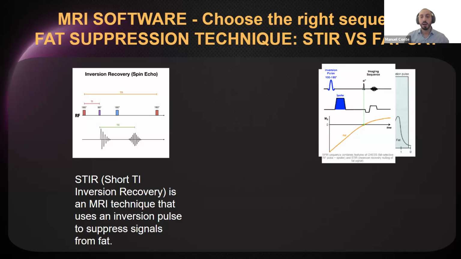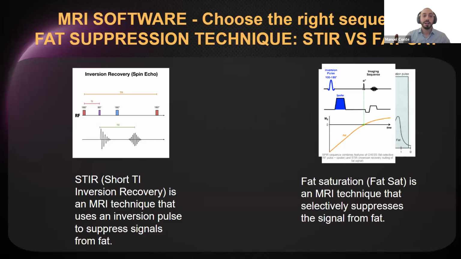In this case, we can see a SPIR sequence. It's a sequence that still has an inversion pulse of 180 degrees, but also there is a spoiler gradient that sends this radio frequency pulse to suppress the fat in a selective way.